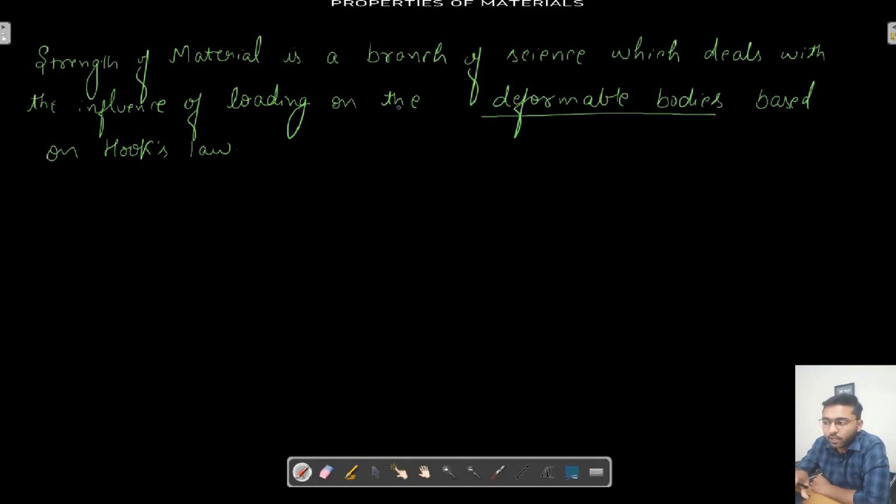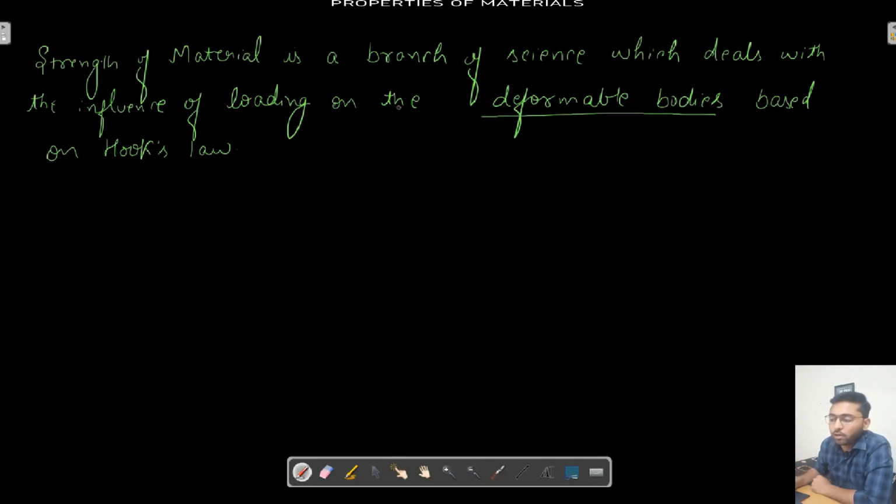In this entire subject, we'll be analyzing the forces, the stresses, the strains, the relations between stress and strain, and the various types of elastic properties of the body. So first of all, let us begin with the definition itself, and it's quite simple. It is the study of the influence of load on a deformable body.